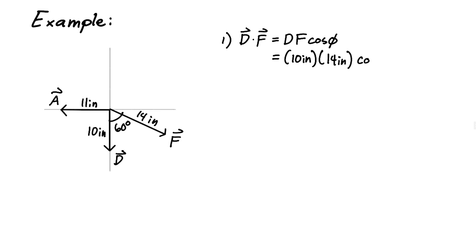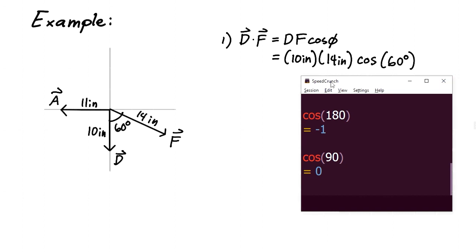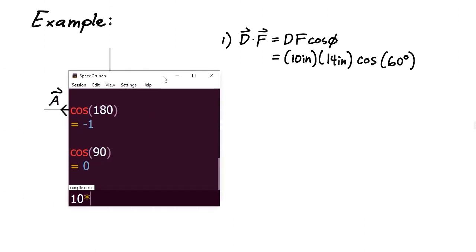Tapos multiply that cosine the angle between them. Now, the angle between vector D and vector F is this angle here, that is 60 degrees. So, let's put that sa ating equation. Okay, tapos we simply plug that in sa ating calculator. So, you have 10 times 14 times cosine 60 degrees.